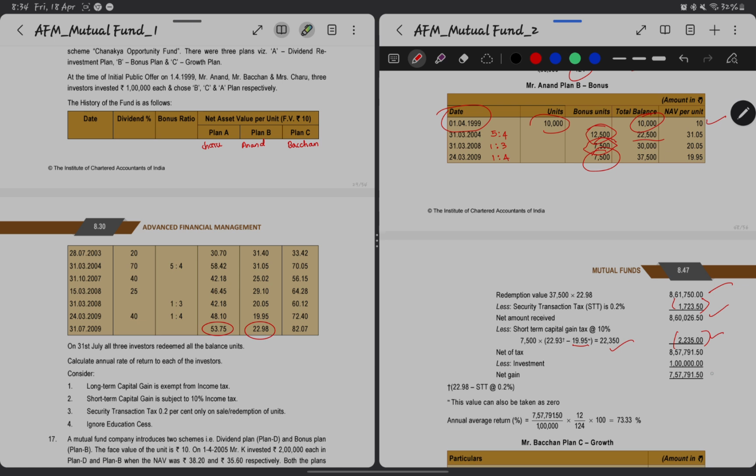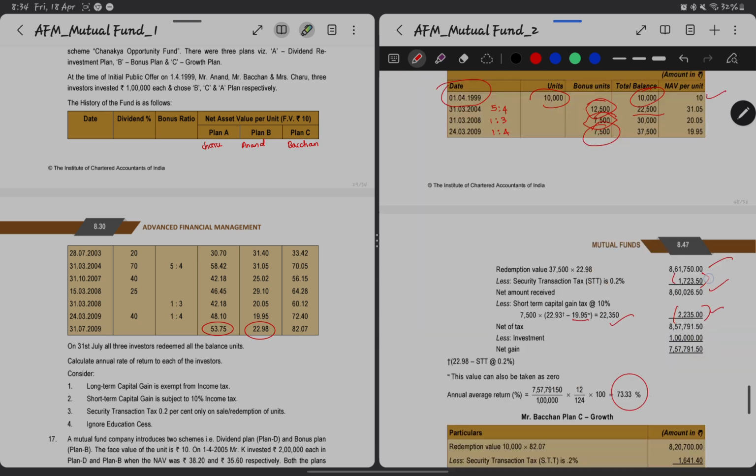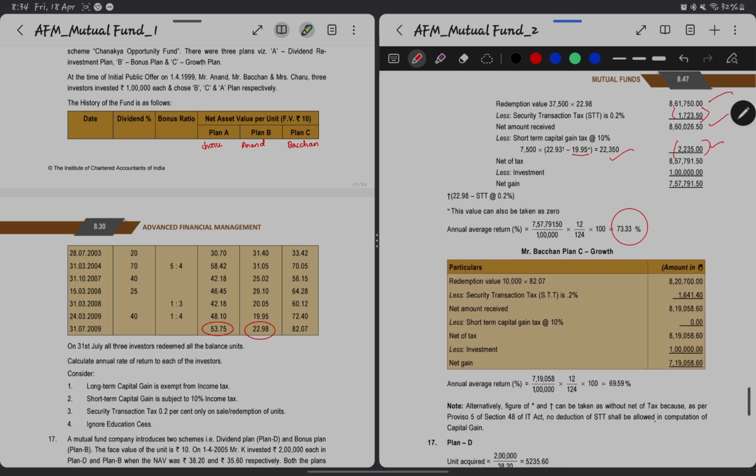On that investment, if we reduce, the net gain is 7,57,791. Again the same way, this is for 124 months, so we want only for 12 months for annual average return. So 7,57,791 divided by 1 lakh into 12 divided by 124 will give us the annual average, which is 73.33 in case of Mr. Anand's Plan B bonus shares.